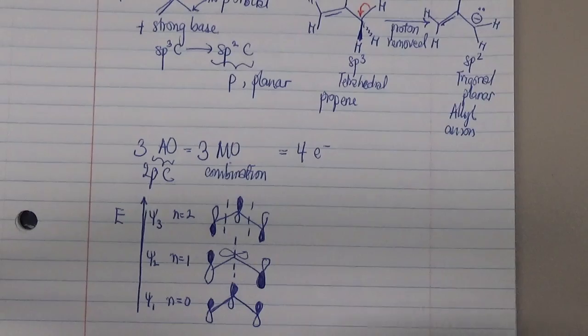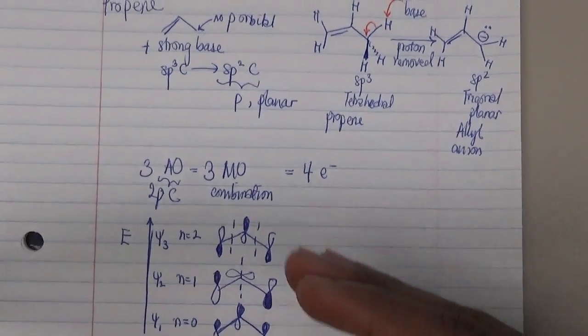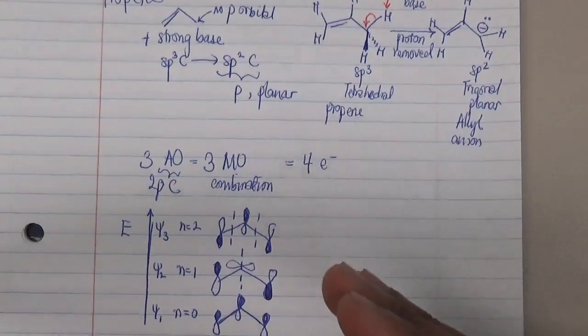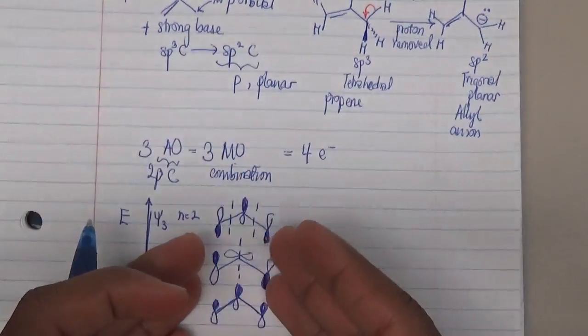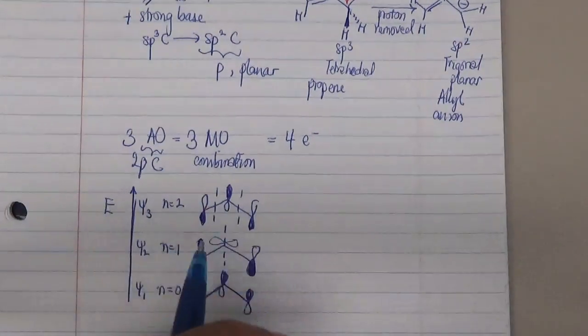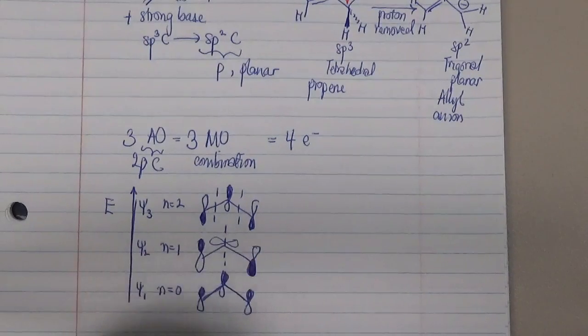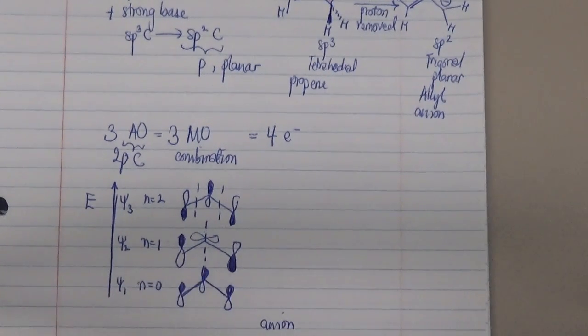Now let's look at how we'll be able to form a much more efficient propene in terms of including this particular formation of molecular orbitals. Now there are 3 ways of doing just that. One way is generating an anion to activate our propane.